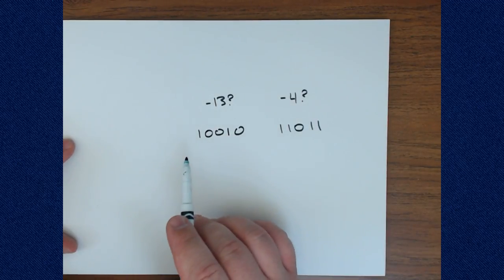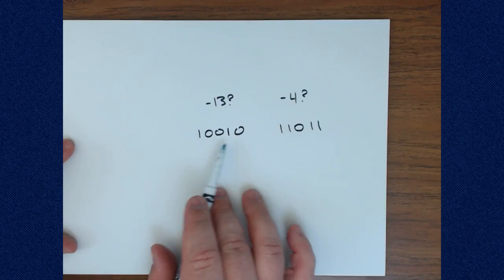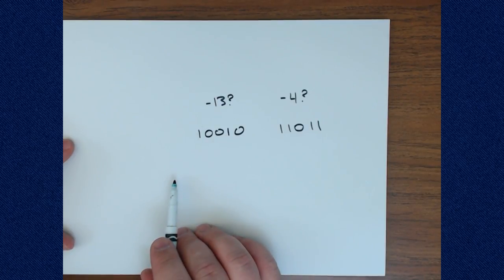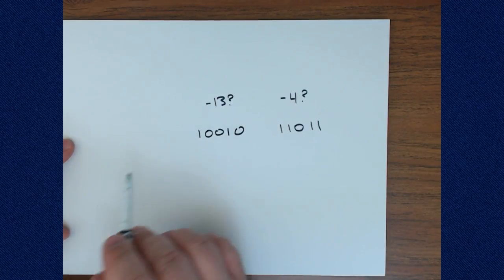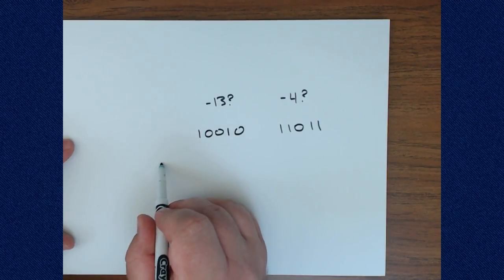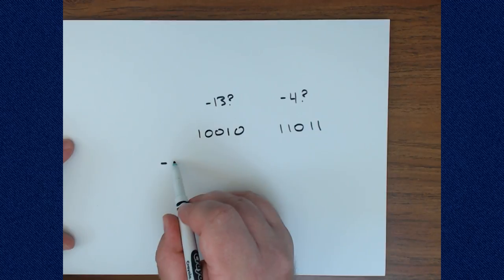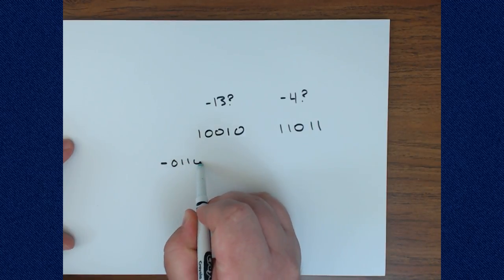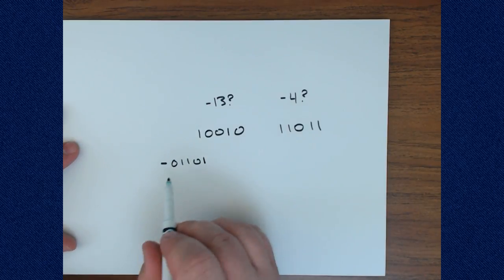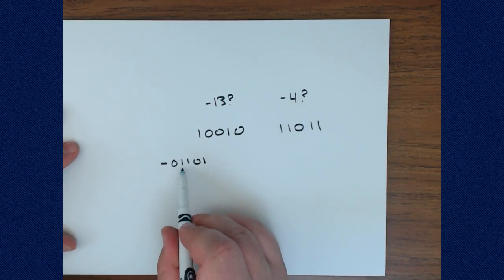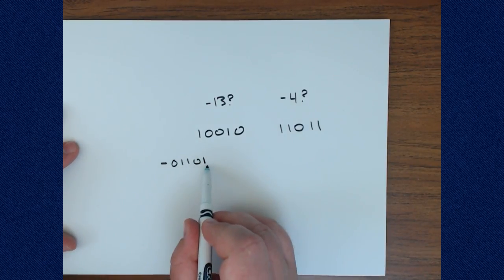Let's start with just evaluating the bit pattern as is. So we see there's a 1 here, so we know that this thing is going to be negative. Now we're going to flip all the bits to figure out what that is. So that'll be 0, 1, 1, 0, 1. And then we have to reinterpret what these bit patterns mean. So this is 8 and 4 is 12, plus 1 is 13.